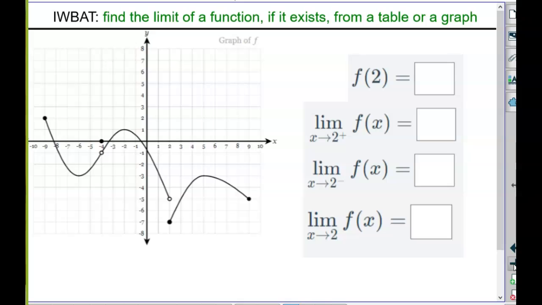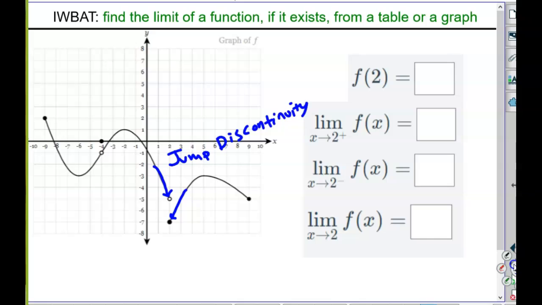But I do want you to notice one thing here with this example. Notice this graph. The left-hand side and the right-hand side aren't going to meet each other. Have you guys ever talked about jump discontinuity? I thought we did a long time ago, the beginning of the year.